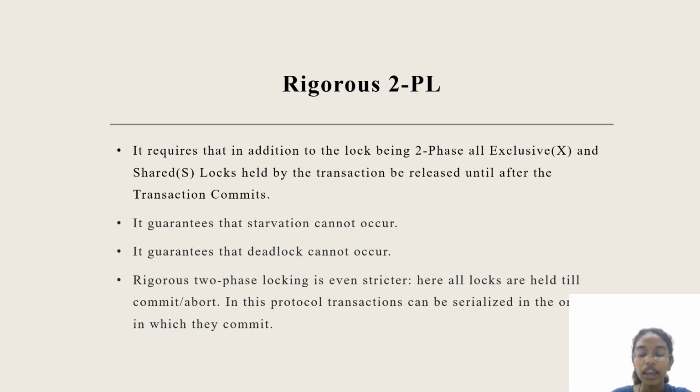It cannot release any locks. The shrinking phase is the period during which a transaction releases the locks. During this phase, the transaction can only release existing locks. It cannot acquire any new locks. Commits: when a transaction commits, all its locks are released.